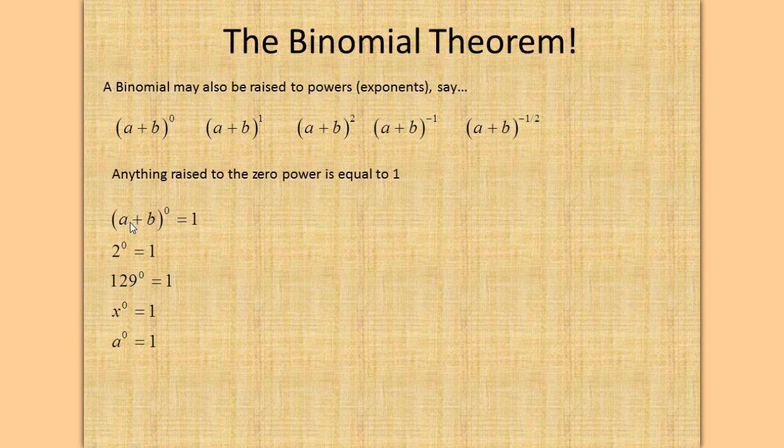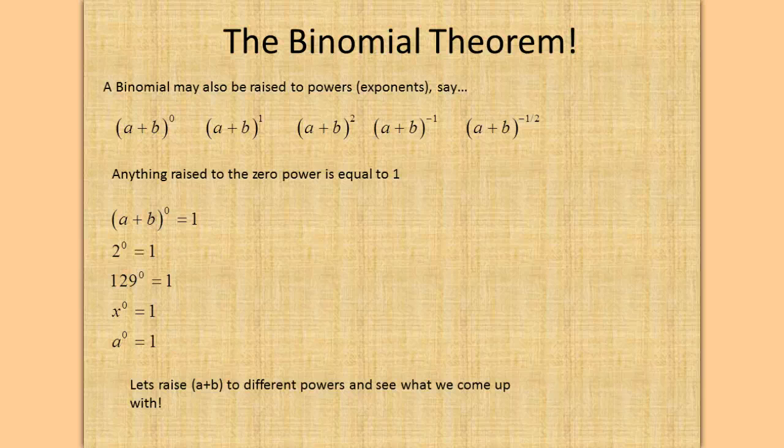So what is a plus b raised to the power of 0? Well, a plus b raised to the power of 0 is equal to 1. Anything raised to the power of 0 is 1. So 2 raised to the power of 0 equals 1. 129 raised to the power of 0 equals 1. X raised to the power of 0 is equal to 1. A raised to the power of 0 is equal to 1. So let's raise a plus b to different powers and see what we come up with.